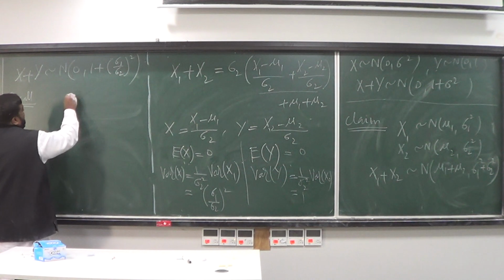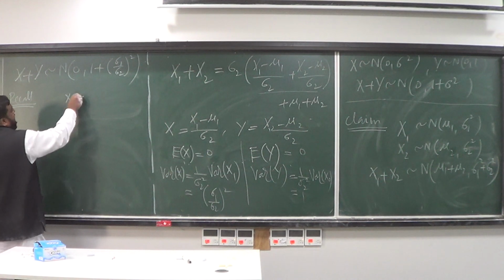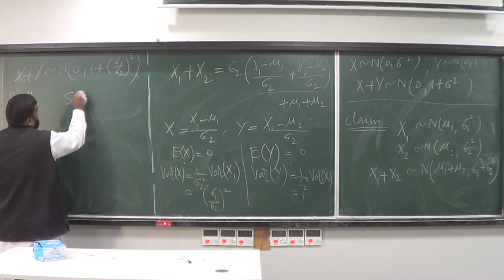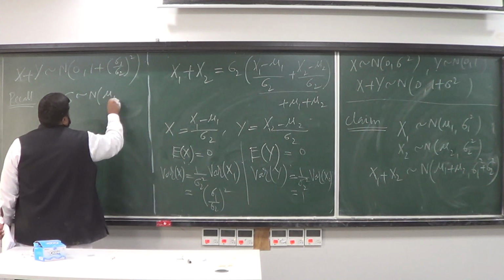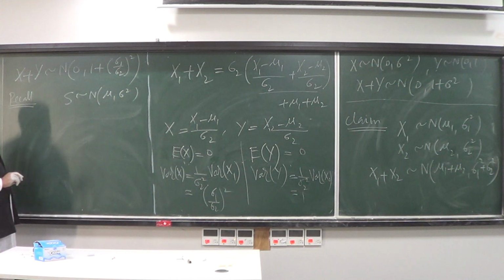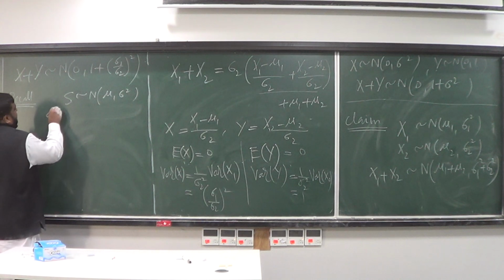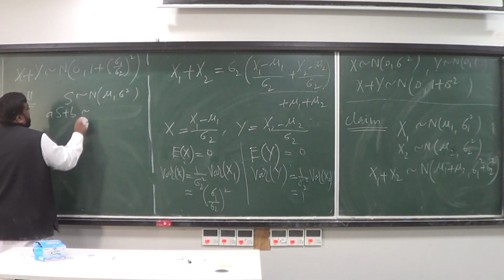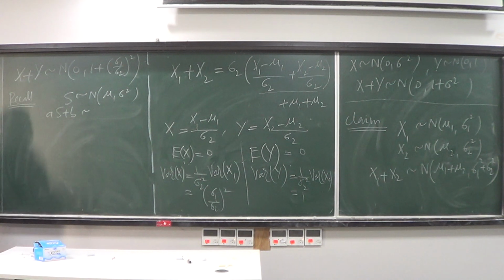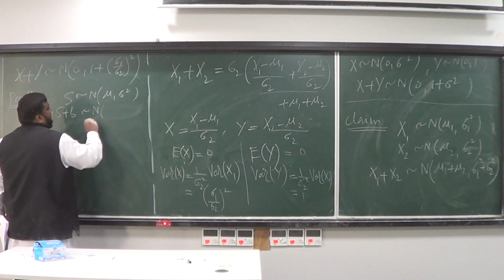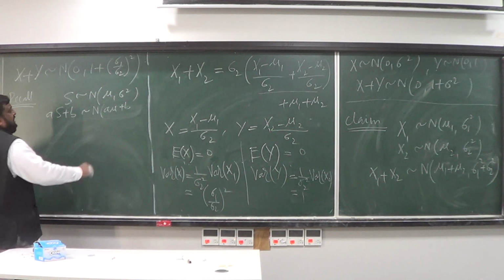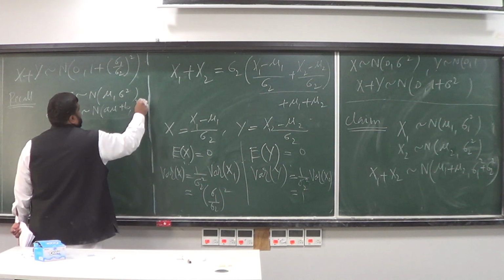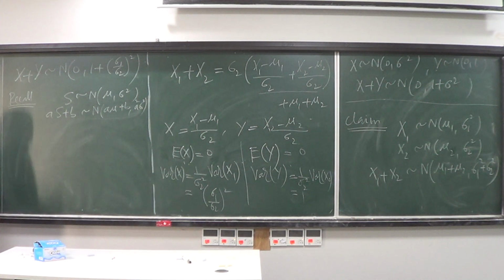If X is a random variable that is normally distributed with mean mu and variance sigma square, then aX plus b, in other words, when you multiply it with a constant and add a constant, is going to be normally distributed with mean a mu plus b and variance a square sigma square.